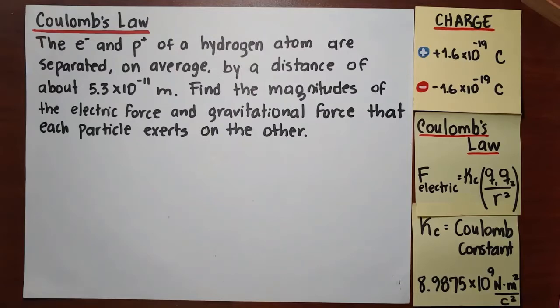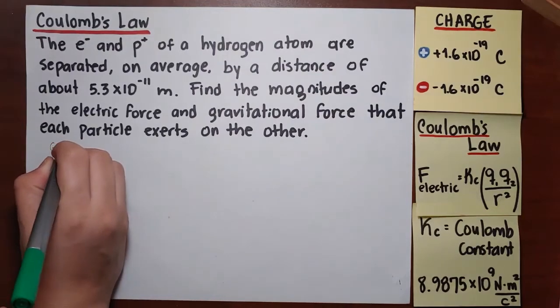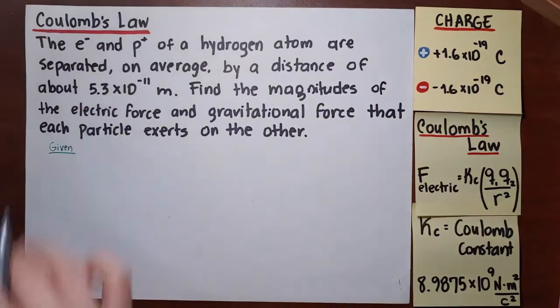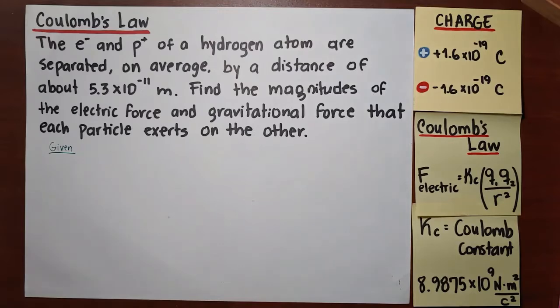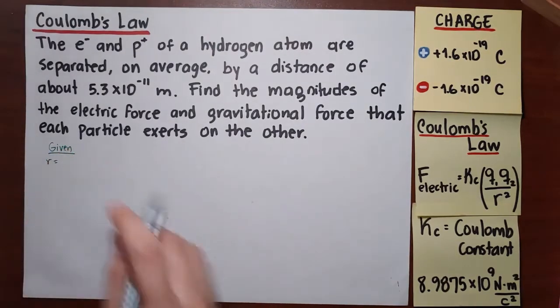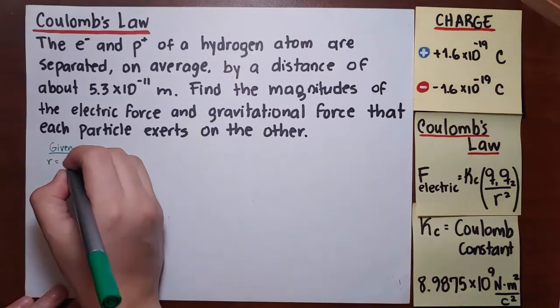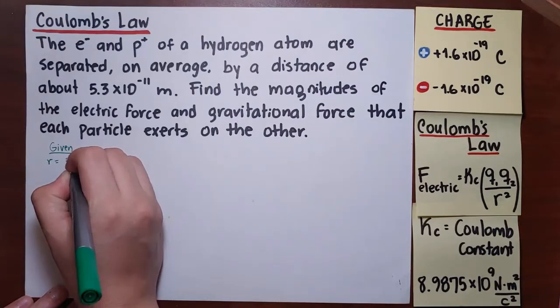Now, to calculate the electric force, it's pretty easy. You just need to apply the formula, but we need to write down the givens. So first of all, as givens, we have the distance that separates those particles. And that's everything the problem is giving me, right?